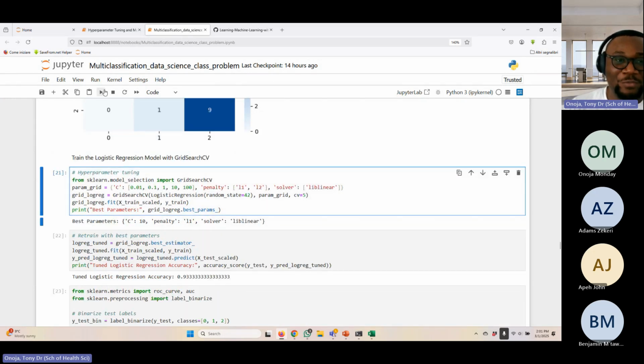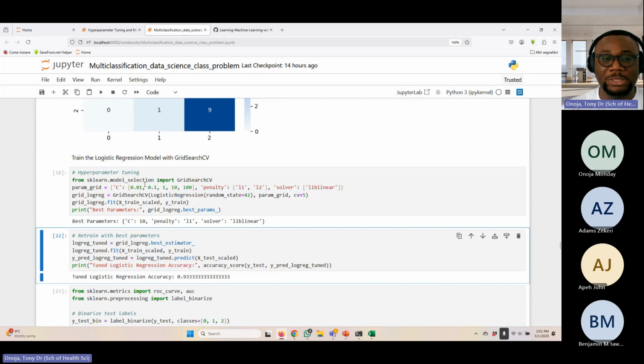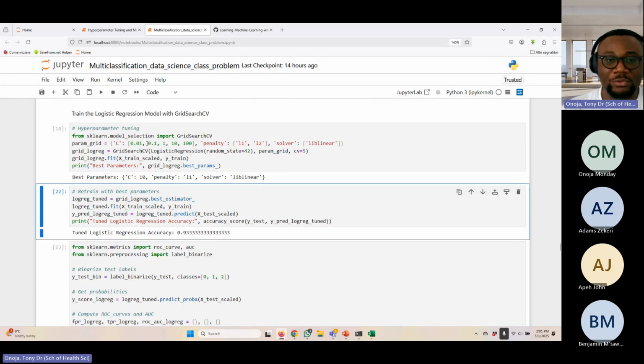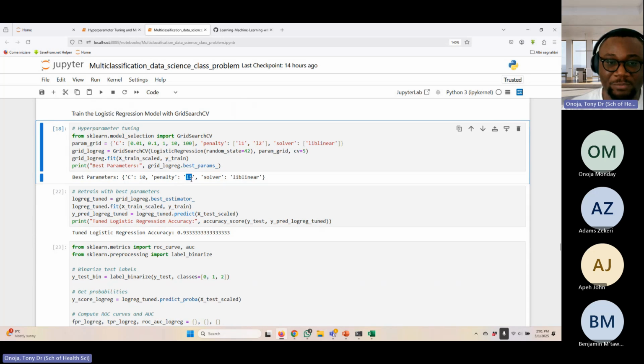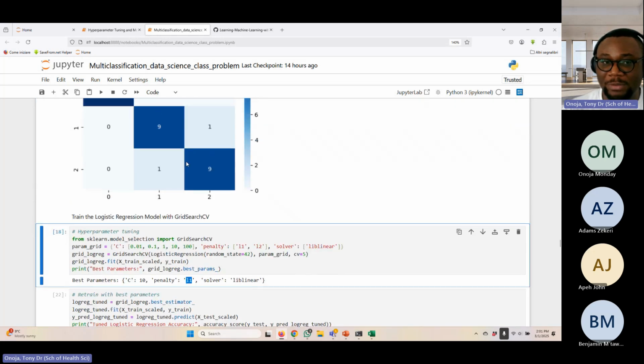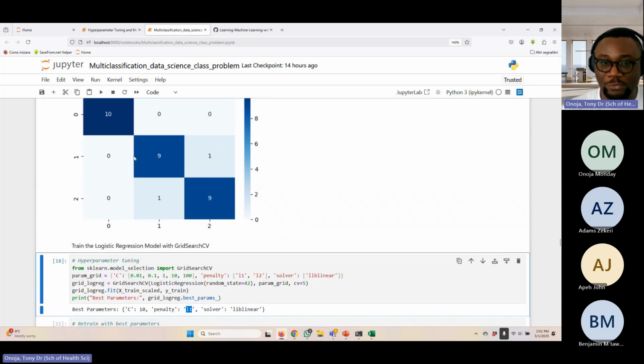Anyway, the next thing we do is to run it with hyperparameters. We perform the tuning. So doing the model tuning, we see that the C is 10, the penalty in this case is 1, which means lasso. And I could understand why, because there is a presence of 2 features struggling, the petal length and width.